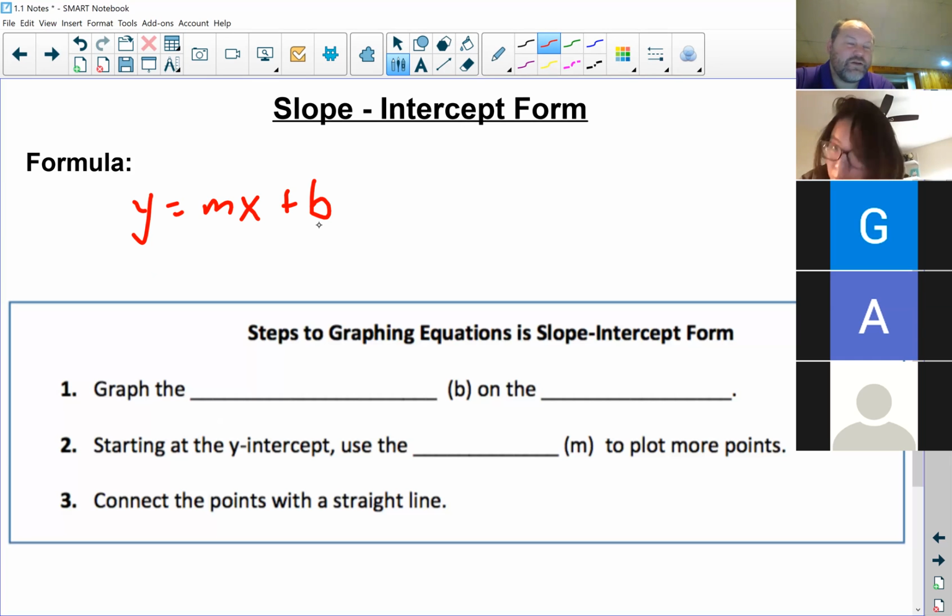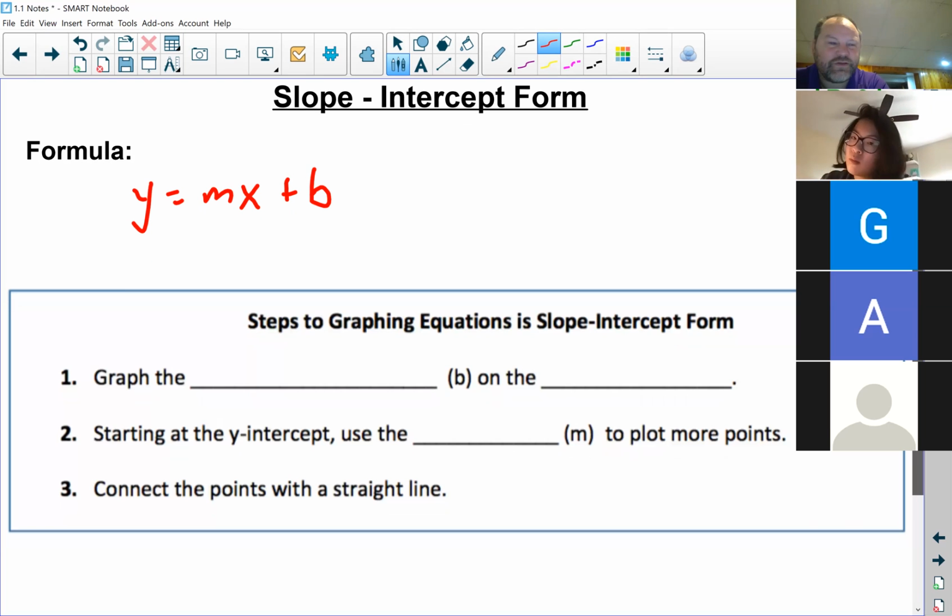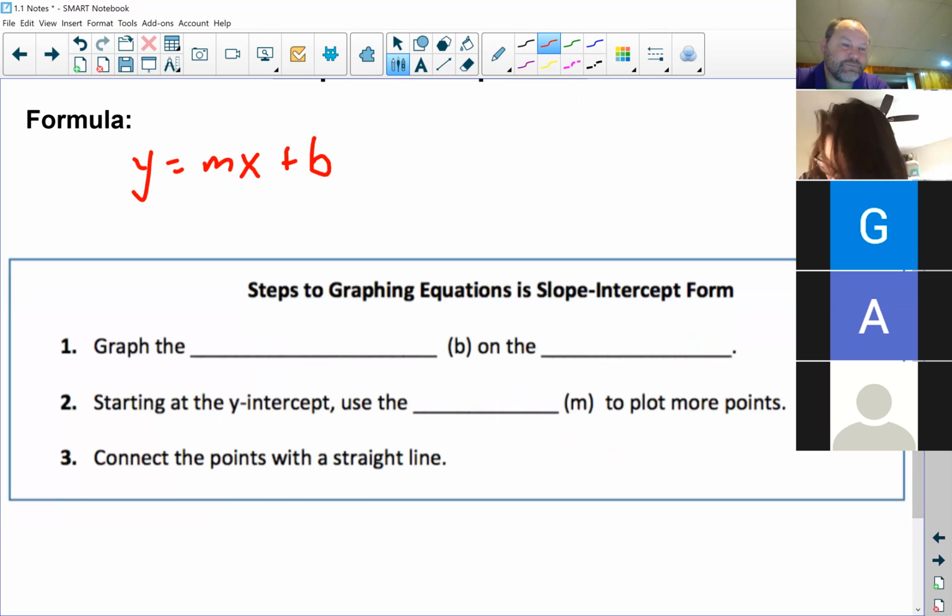And if we're given an equation of a line in this form, graphing is relatively easy. In this case, we would start out by graphing the y-intercept, which in our formula is the letter b. And we graph that on the y-axis.